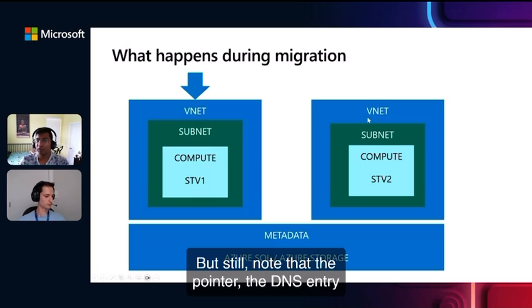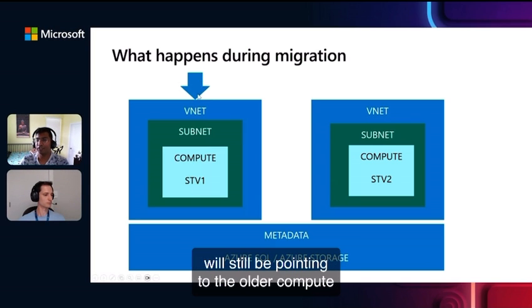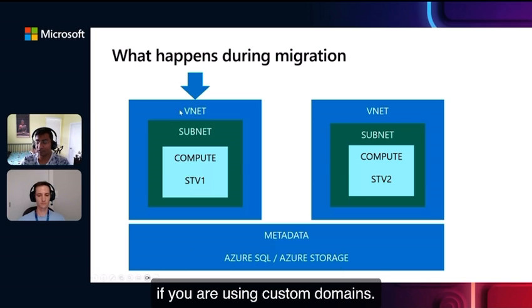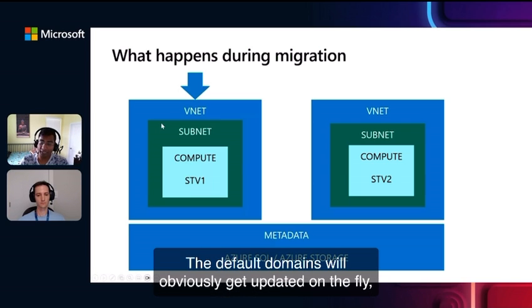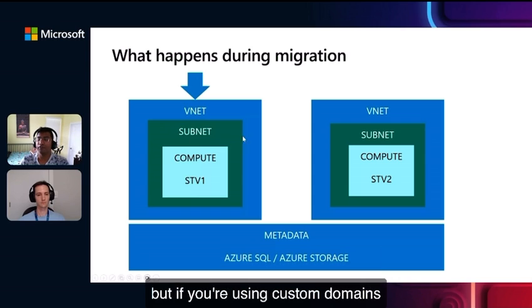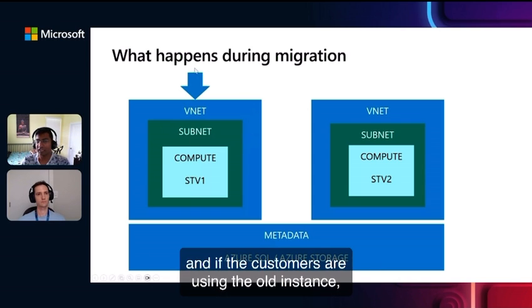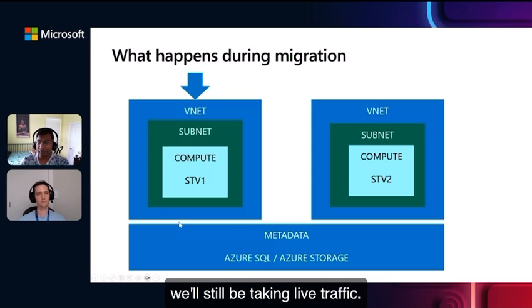But still note that the DNS entry will still be pointing to the older compute if you are using custom domains. The default domains will obviously get updated on the fly, but if you're using custom domains, the customers using the old instance will still be taking live traffic.